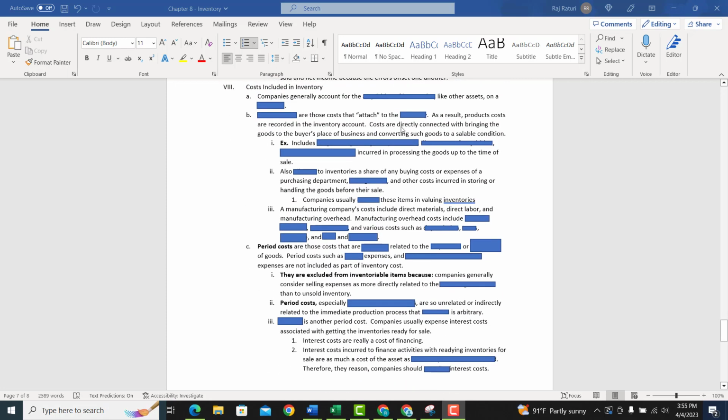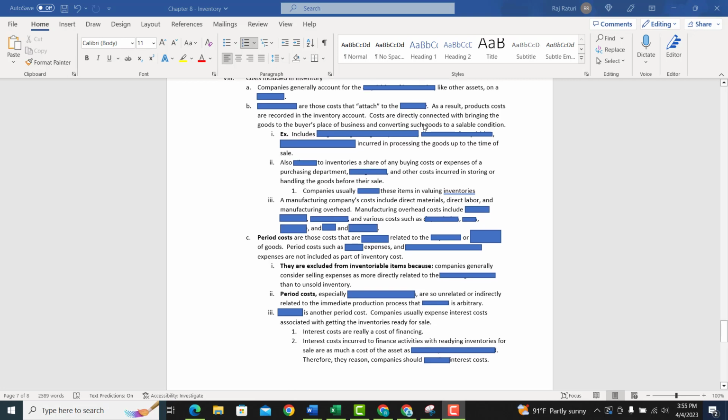Companies generally account for the acquisition of inventories like other assets on a cost basis. Product costs are those that attach to the inventory value. As a result, product costs are recorded in the inventory account.